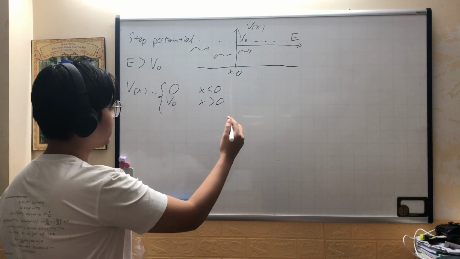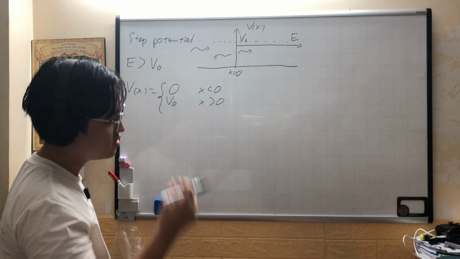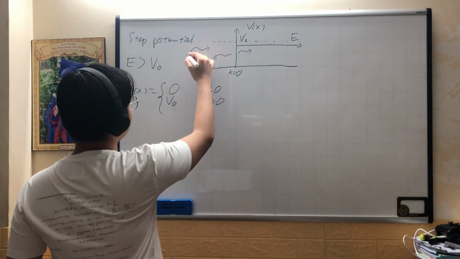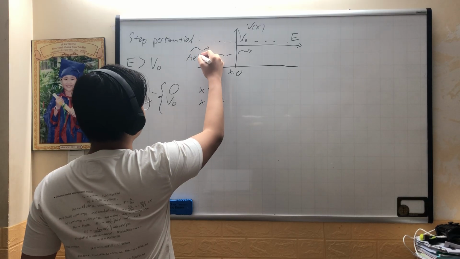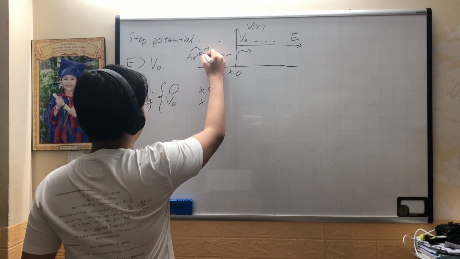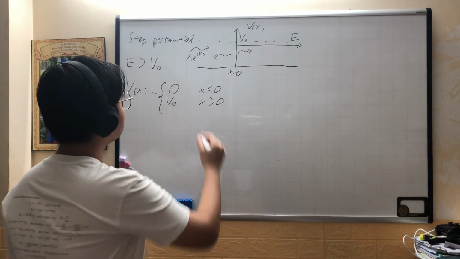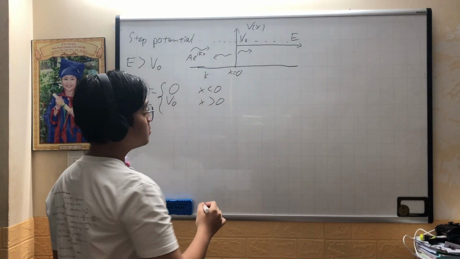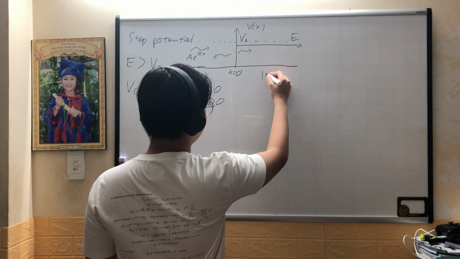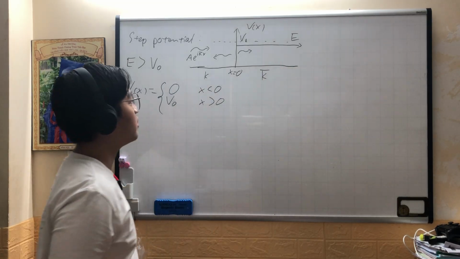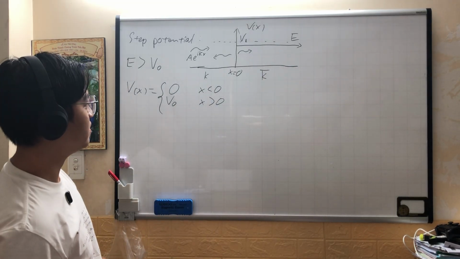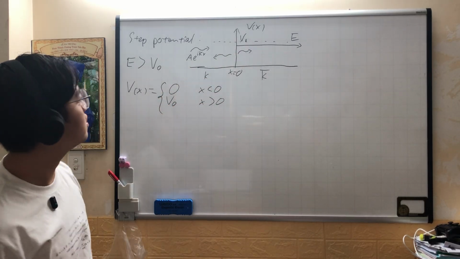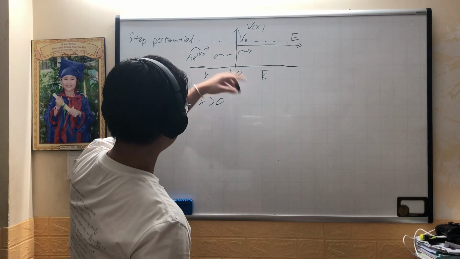So in this region, the initial wave function that we sent in is an exponential, e to the ikx. In this region we would use k, and in this region we would use k tilde, which indicates that our two wave functions are different.